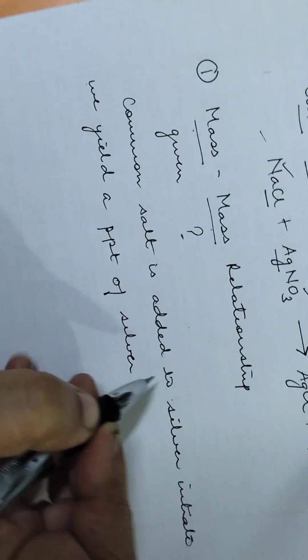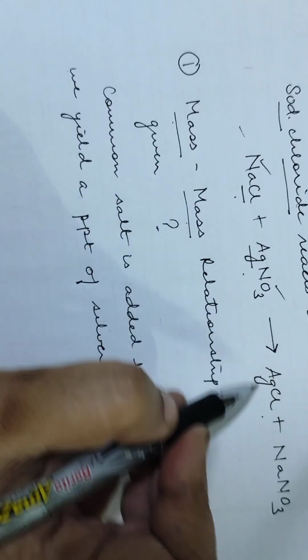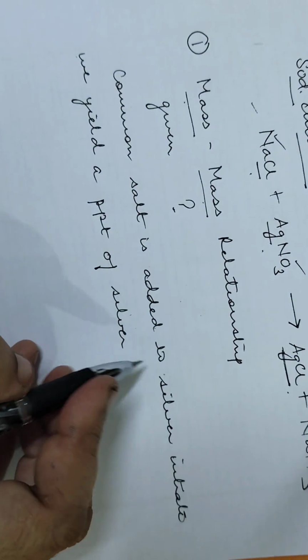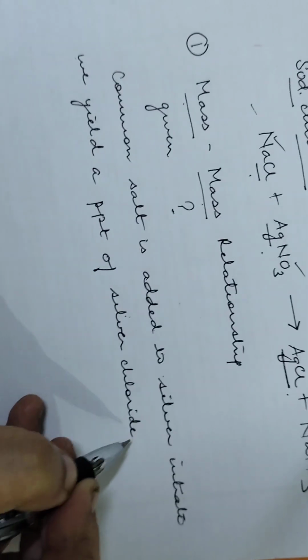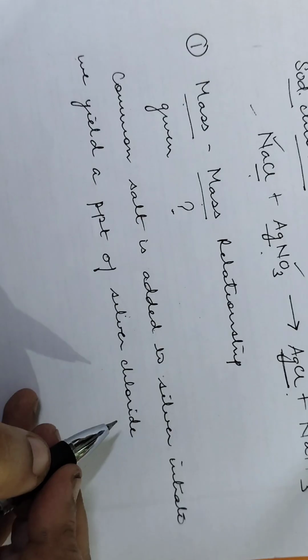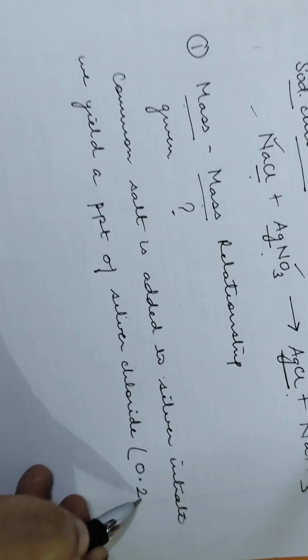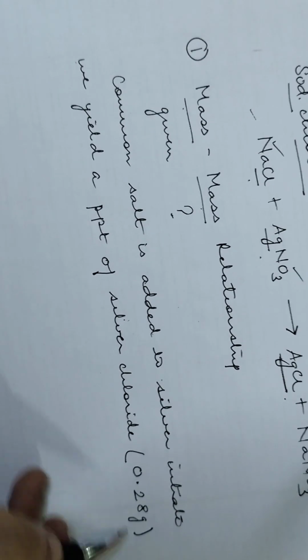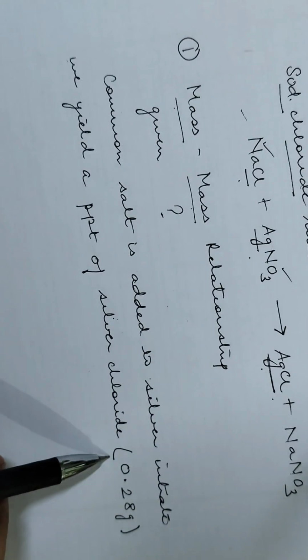See this reaction. When common salt reacts with silver nitrate, we have the formation of a precipitate of silver chloride. And this weight is given to you, 0.28 gram. So the precipitate of AgCl will be obtained and its weight is given to you.